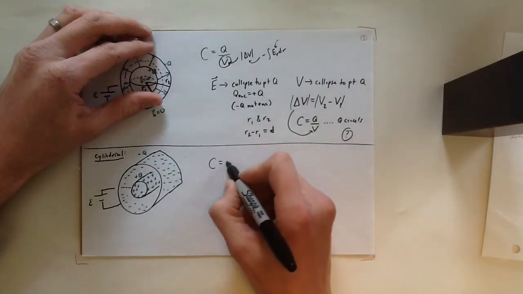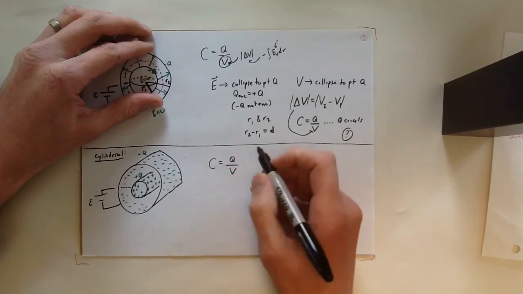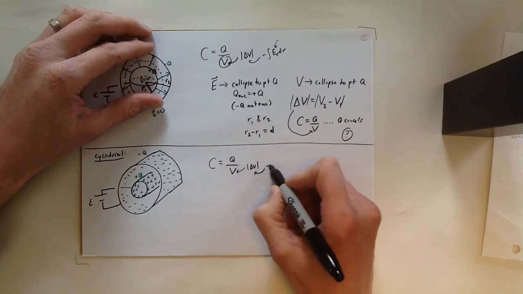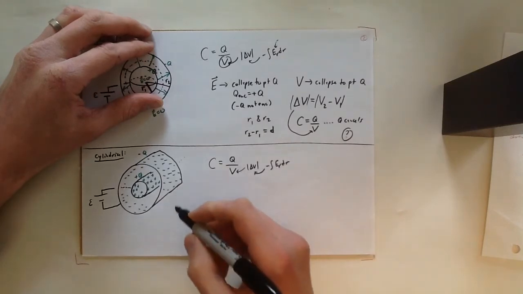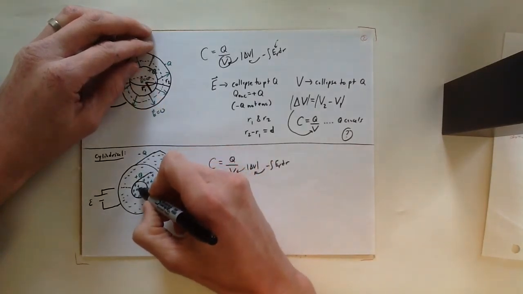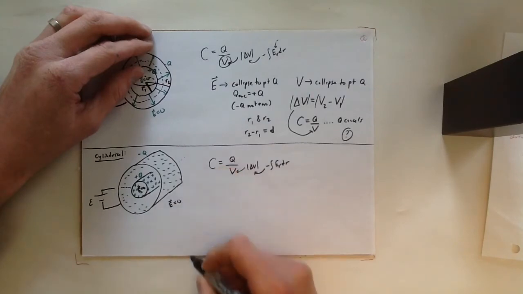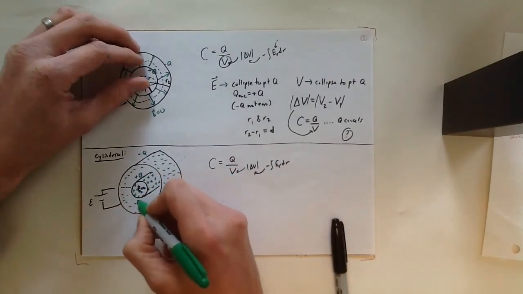And same prescription, again, take C equals Q over V, that is the voltage difference between the plates, and again, you need to integrate out from the electric field. So, the electric field, again, there's nothing on the very inside, no charge enclosed, no electric field on the outside, there's no charge enclosed, net overall.